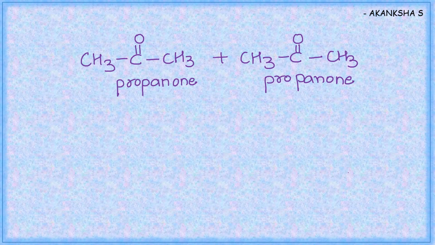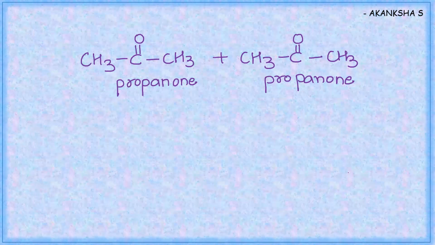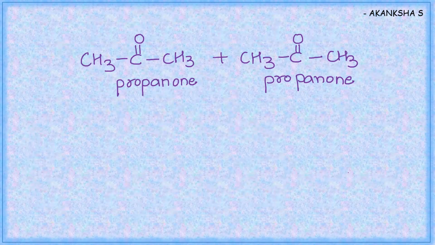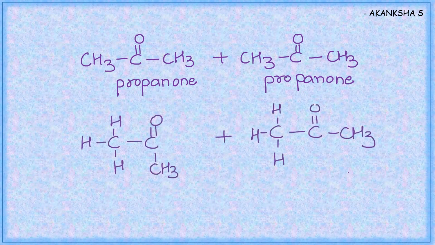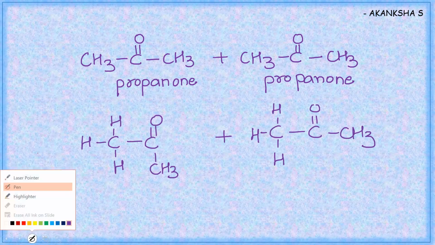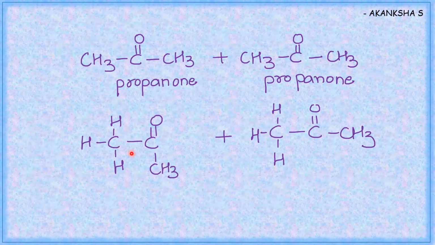So let's take an example of propanone and propanone. You can also call it propan-2-one, no problem. The one means that it has a carbonyl group representing a ketone. How do we represent it? The same way I told you, expose the oxygen. What is exposed over here? Your carbonyl oxygen.